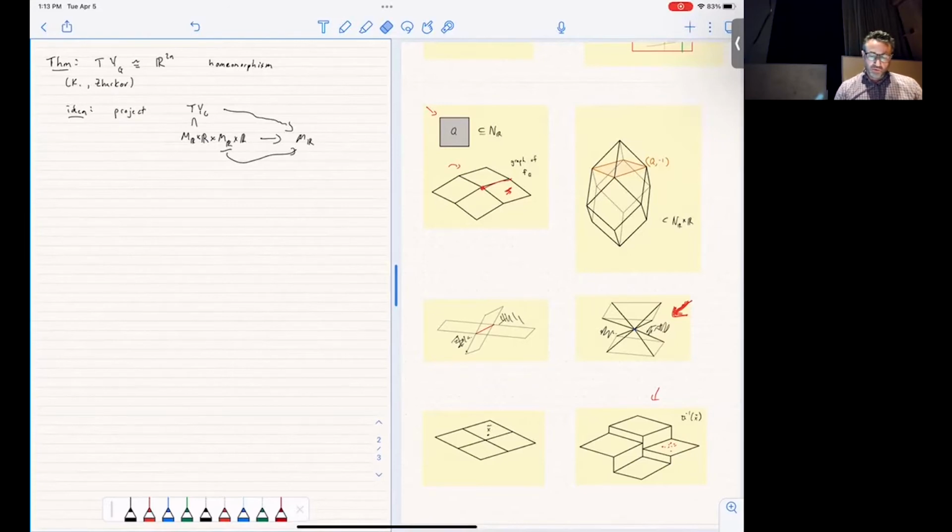Okay, so the advantages are that you have strong combinatorial control. You have good combinatorics.